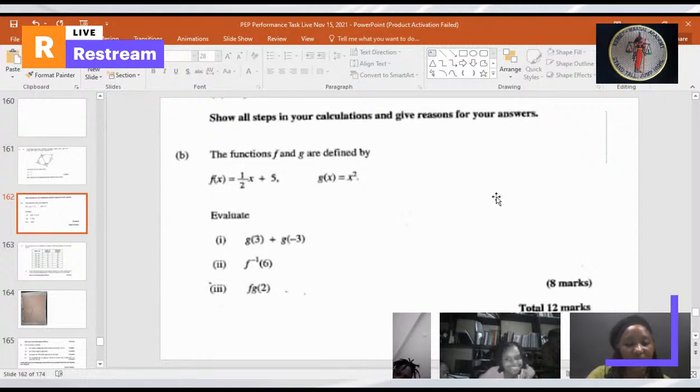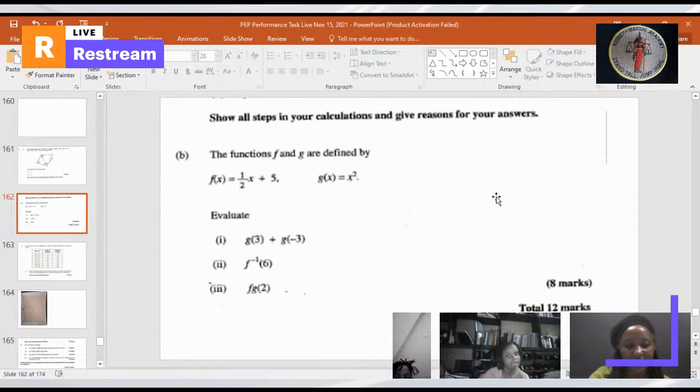So the next part of the same question. Show all steps in your calculations and give reasons for your answers. So B, the functions f and g are defined by f of x is half x plus 5 and g of x is x squared.